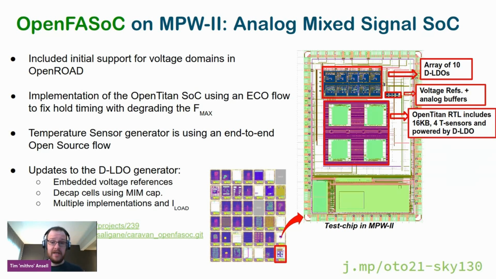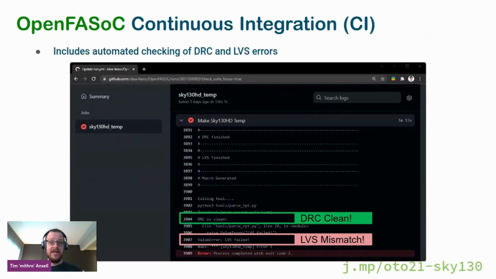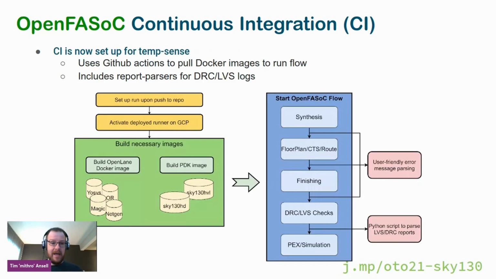They also have exciting things like continuous integration that includes automating checking of DRC and LVS errors on their repo. And I think this is a really exciting change for how we think about analog design. The CI is now working for the temperature sensor, and I think that's really cool.